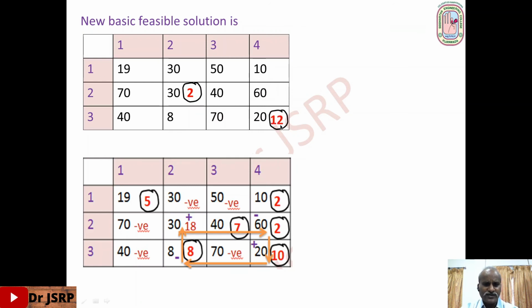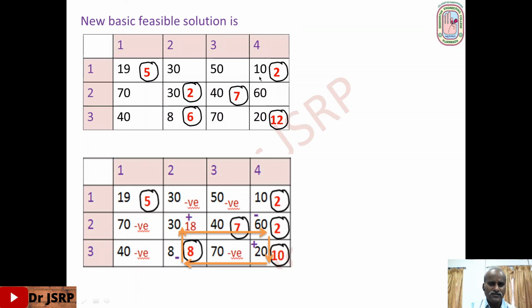And subtract 2 from negatively signed cells. This is a negatively signed cell, this is a negatively signed cell. So here subtract 2, 8 minus 2, 6. And this is the leaving basic cell, 2 minus 2, 0, so this is a non-basic cell, you need not write it. And the other cells remain the same, this 5 same, this 2 same, and this 7 same.